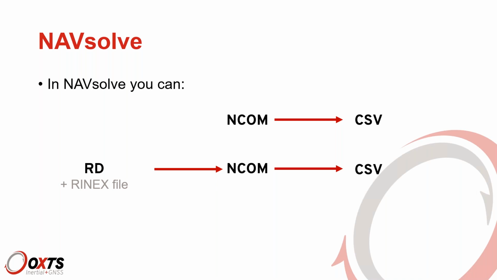So I'm just going to go over the main functionality here. In NavSolve, you have two options. You can either take a live logged NCOM file that you've logged during a test, and you can select the specific measurements you're interested in from that NCOM file and convert them into a CSV file format.